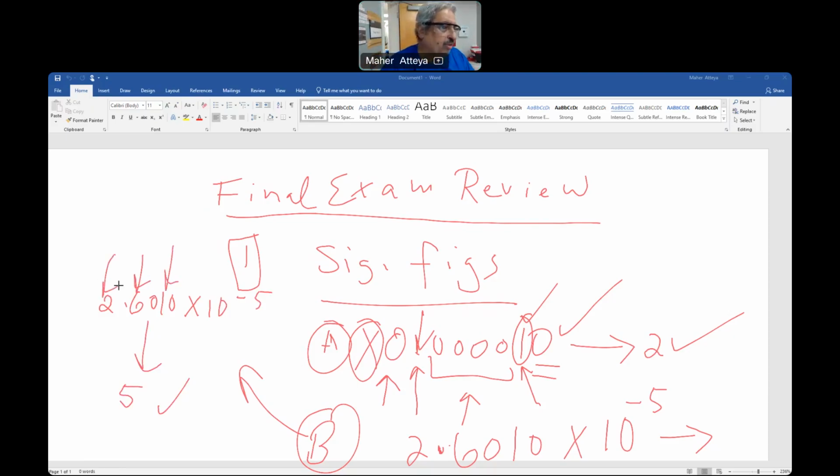All the whole numbers are always significant. The trapped 0 between whole numbers is always significant. The last zeros are significant if the two conditions are met. First, a whole number comes before them, and the decimal is present, and we have a decimal here. So the answer is 5. Okay, guys?